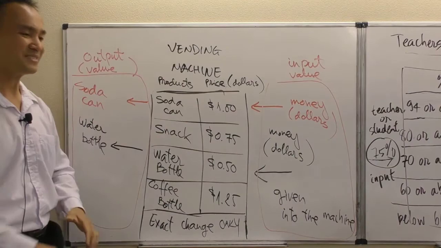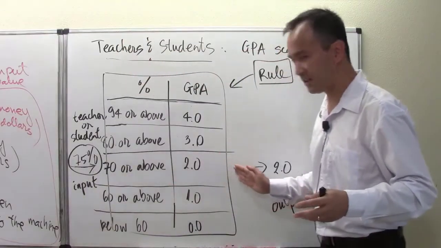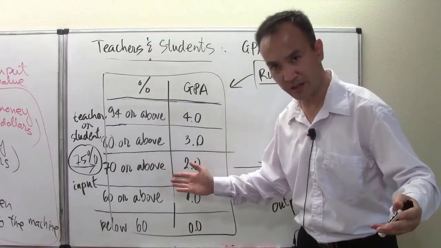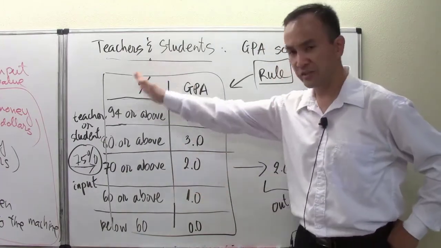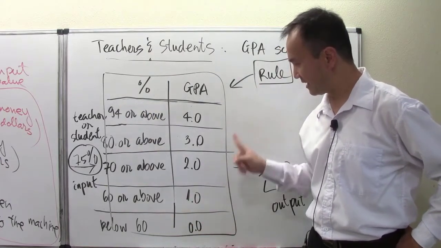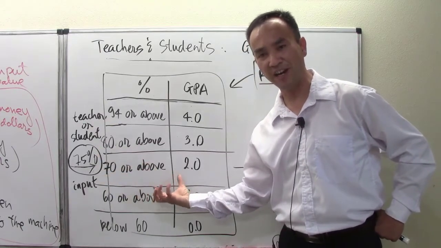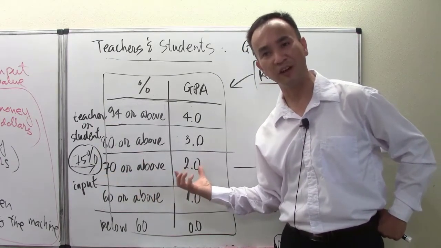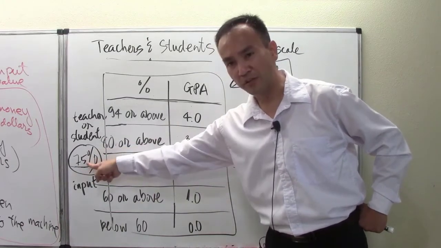So here we recognize the exact similarity again, even though it's a completely different situation. This GPA scale here is a rule. The students or the teacher who would like to find out the final GPA of a student can simply input that overall percentage.